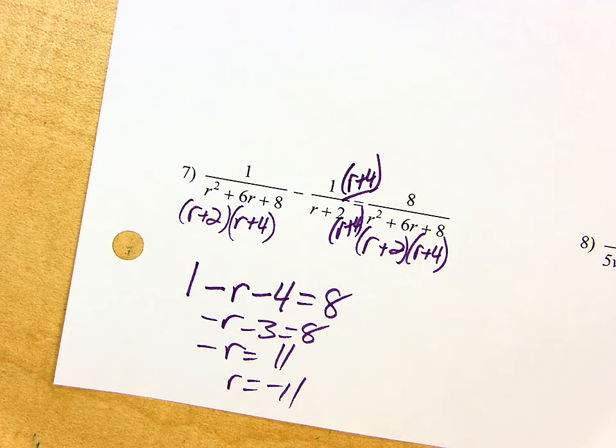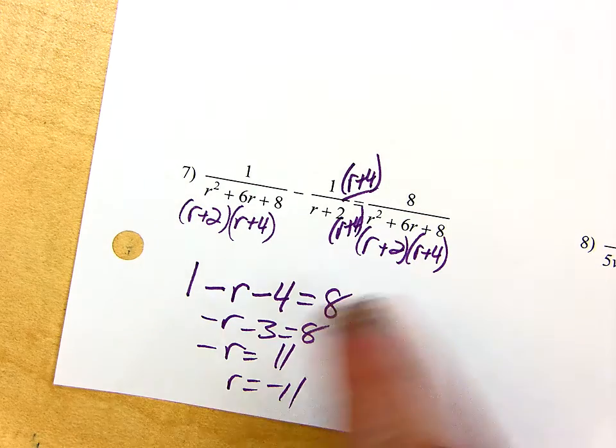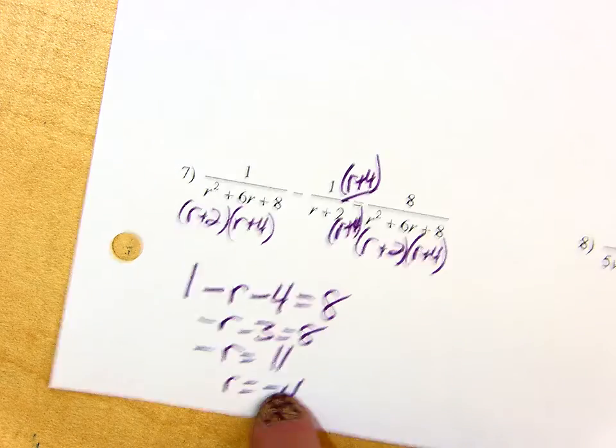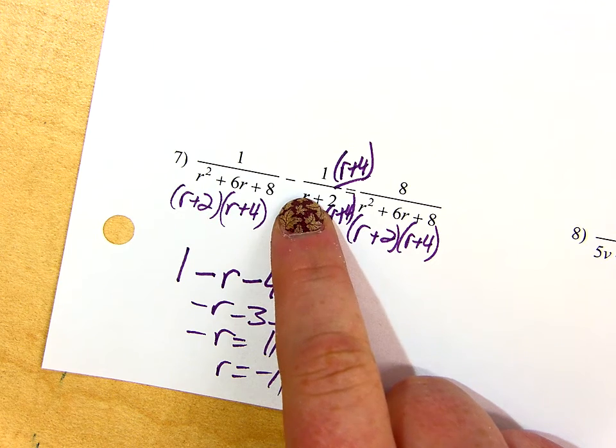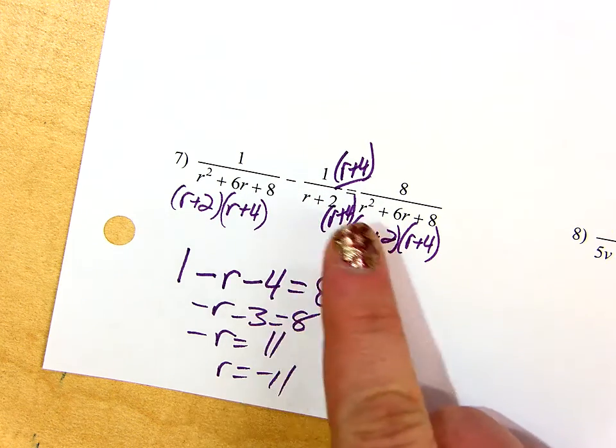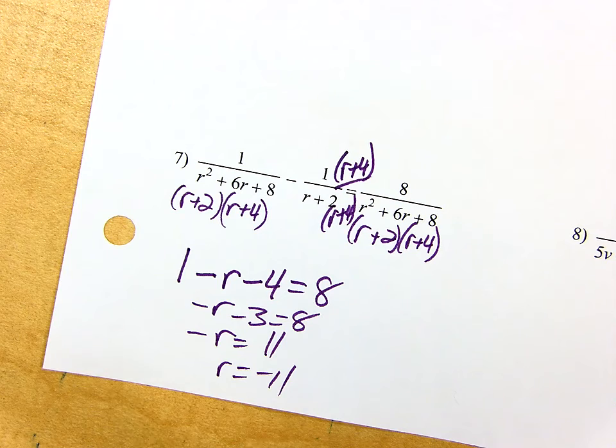An extraneous solution is an answer that I get doing all the math right, but if I plug it back in, it doesn't work. Or, in our case, we have to watch out for what you are never allowed to have in the denominator. You can have a negative, but you can't have a 0. I'm not allowed to have zeros in the denominator.